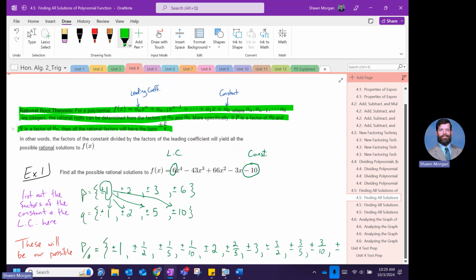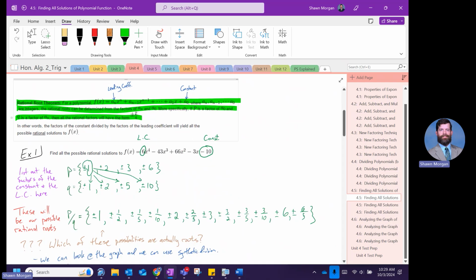P and Q, I switched my list up. P is a factor of the constant, and Q is a factor of what? The leading coefficient. So I switched up my P and my Q. So this big old fat list of 24 that you and I comprised, that fixes the issue.